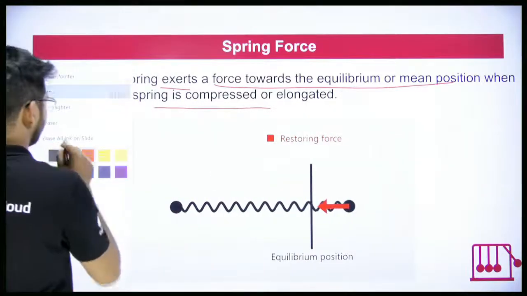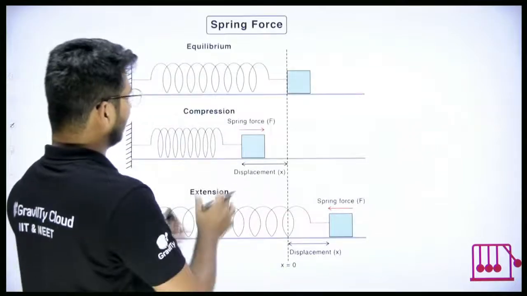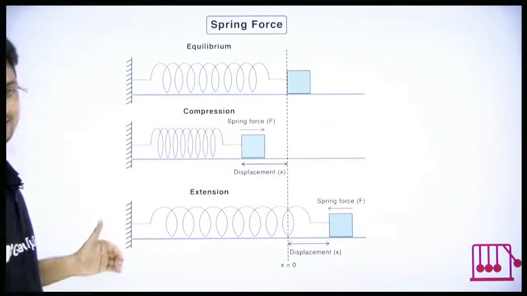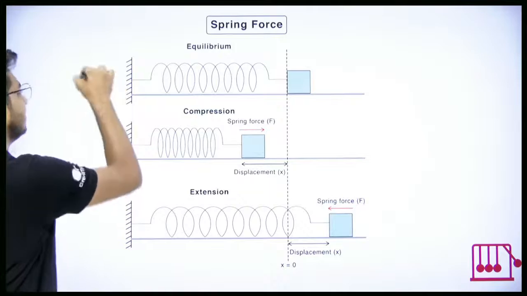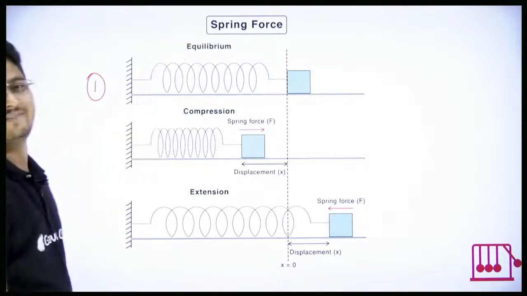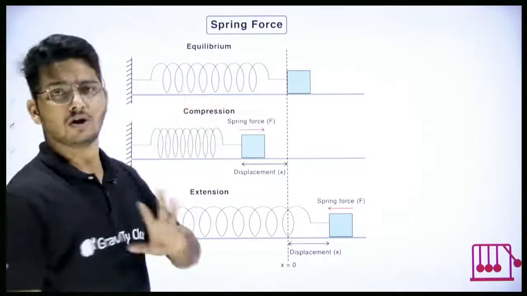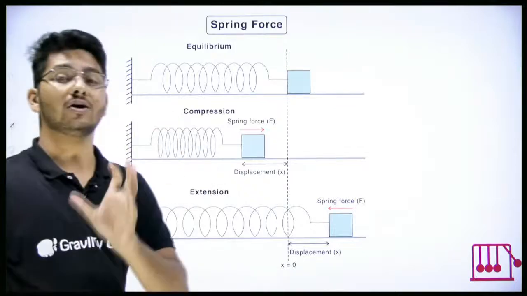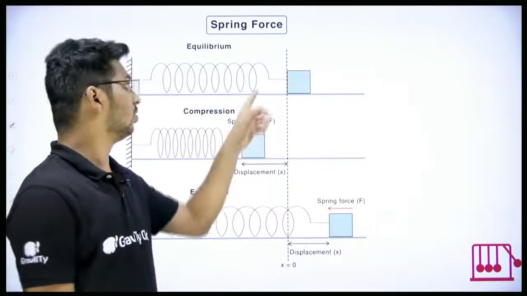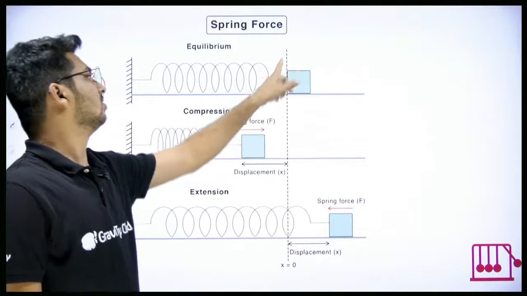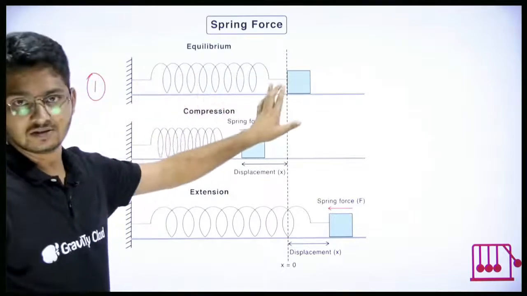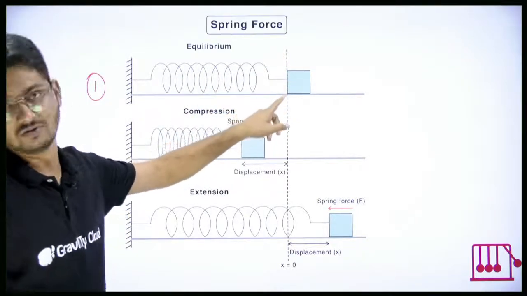Let me explain. Here, look at the different cases. We have different cases here. Look at the first case. In the first case is what we mean by equilibrium position, where the spring is not compressed, where the spring is not elongated. There is no compression, no elongation. So the spring is in its natural length. So here there is no force.